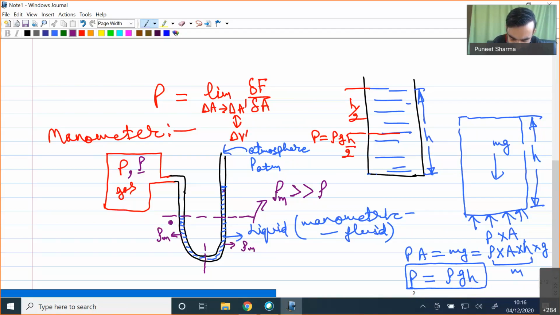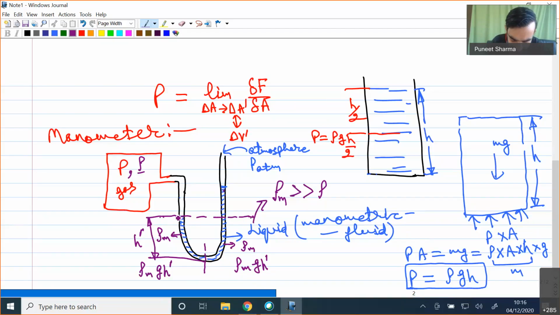If I call this height h dash, then for this h dash height in the left branch of the manometer I have rho m g h dash pressure, and in the right branch also I have rho m g h dash pressure. Both these pressures are equal, so they cancel out. That's why I can set the reference at this particular point. So here I have set the reference.